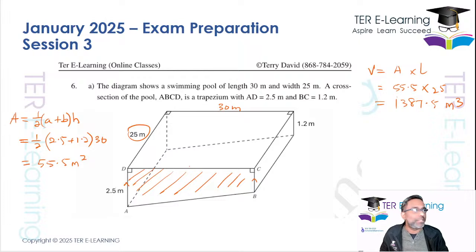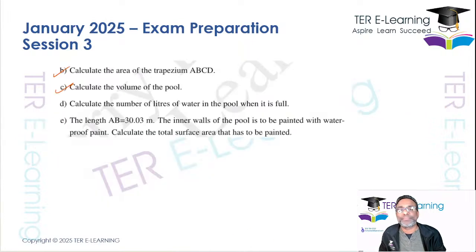Right, 1387.5. Ivana says, yeah, okay, cool. The next thing here now, we want to calculate the number of liters of water in the pool when it's full.